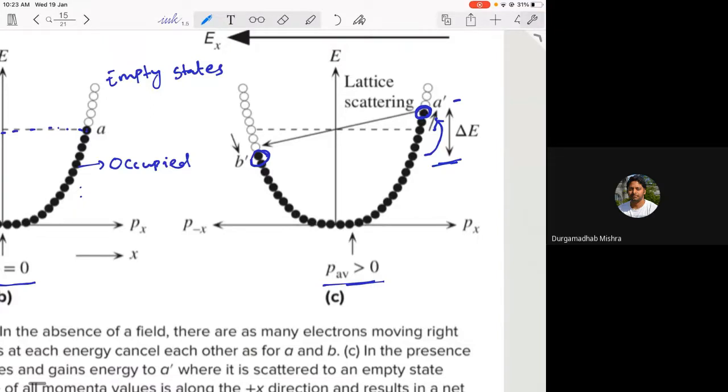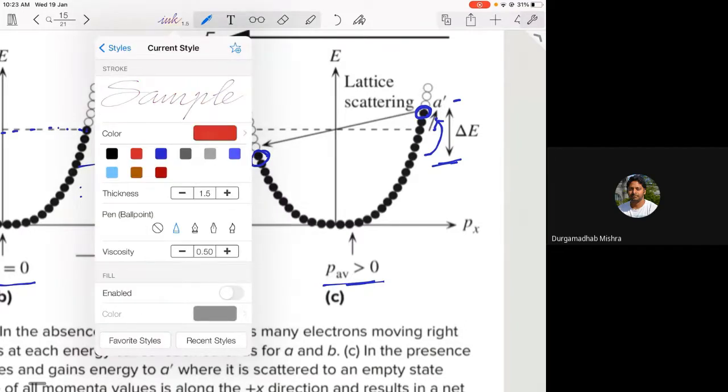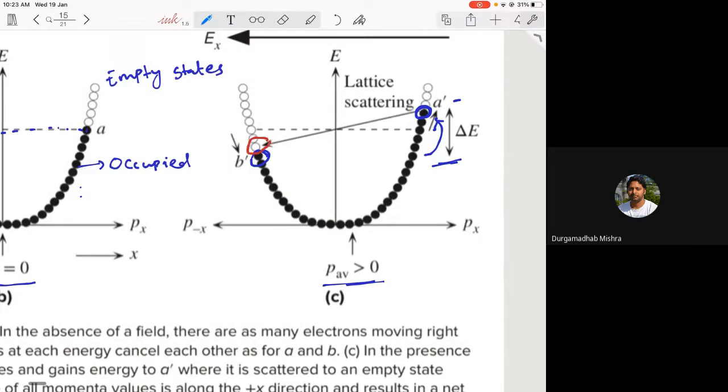After scattering, it will jump to an empty state, which is this unoccupied state here. So this electron will jump from here to here, because that is the lowest energy available for it.